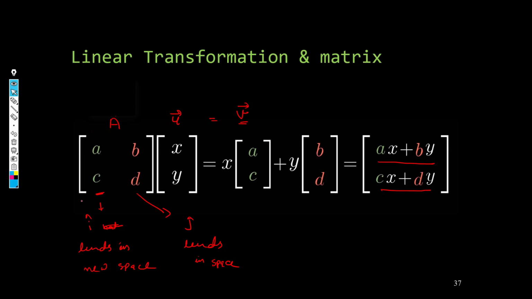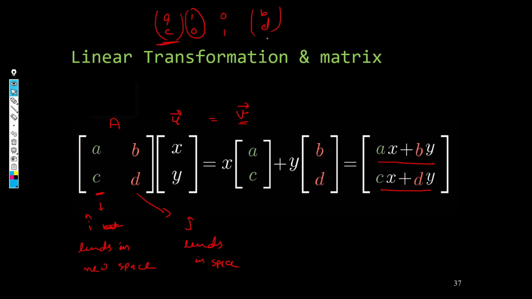Or basically we can say these are the coordinates of i hat and j hat in the transformed or new space, right? Initially we know that i hat has the coordinate (1, 0) and j hat has the coordinate (0, 1). After doing the transformation, this becomes the vector (a, c) and this becomes the vector (b, d).